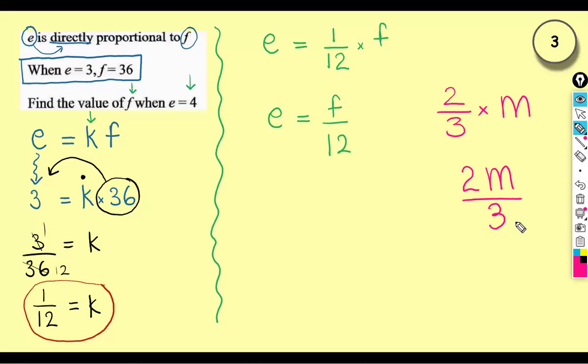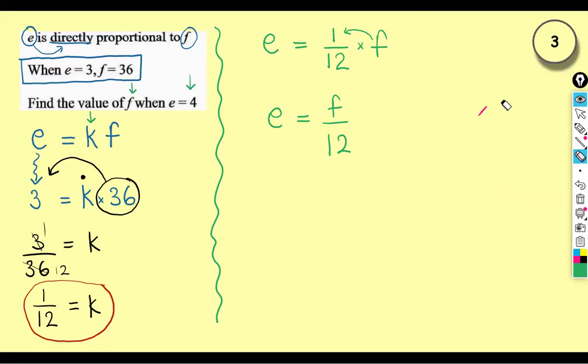In other words, whenever you have something being multiplied and it's in the middle, it actually belongs on top. And we know 1 multiplied by F is the same thing as F. There's no need to put 1 multiplied by F. So that's a little shortcut to make life easier.